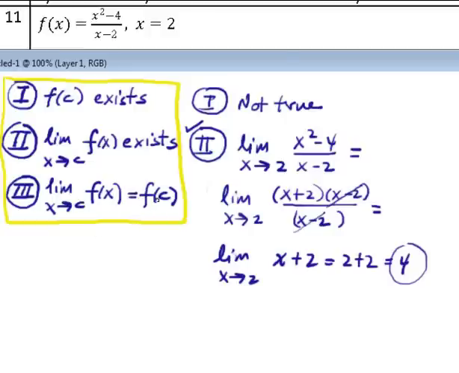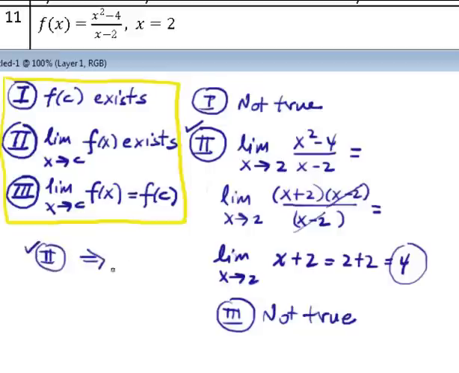3 cannot be true because f of c does not exist. So 3 is not true. Okay, 4 cannot be equal to something that doesn't exist. But since 2 is true, that means that, in other words, 2 true implies that the discontinuity is removable.